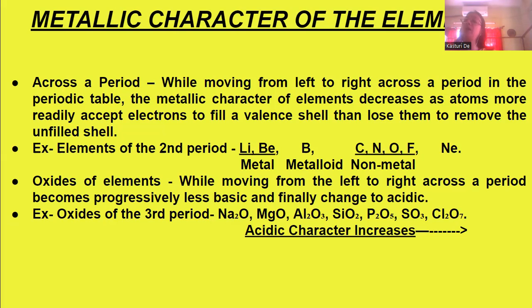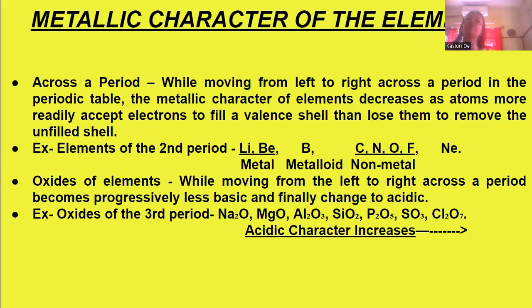So group 1A, group 2A, they lose electrons to show their metallic character. But as we move on towards groups 13, 14, 15, 16, 17, they accept electrons. So this metallic character decreases across the period.